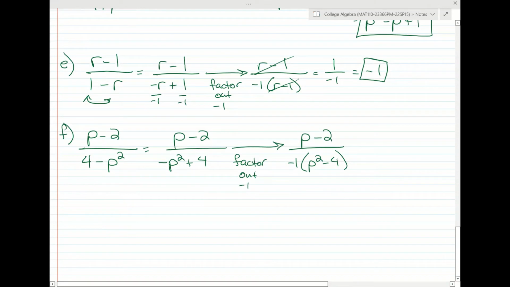That looks like a special case. This is just p squared minus 2 squared. And if we factor that, we'd wind up with p minus 2 over -1 times p plus 2 times p minus 2.